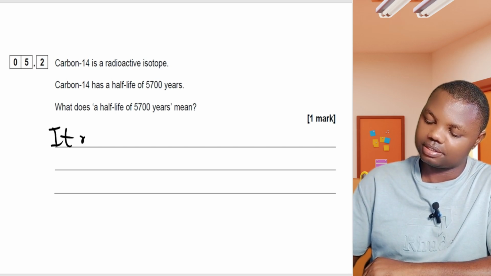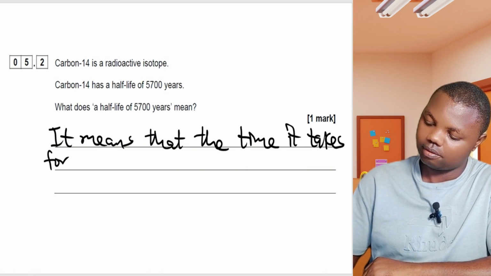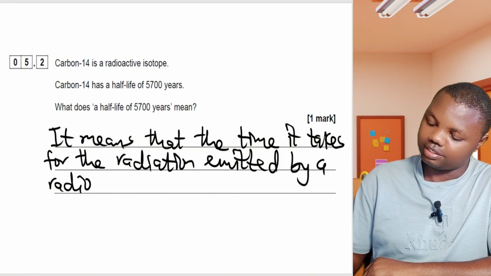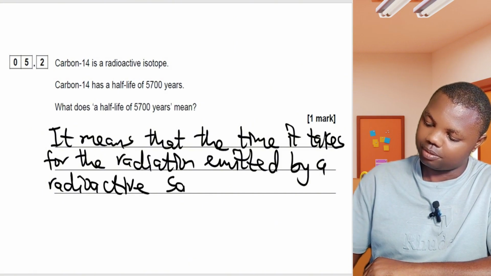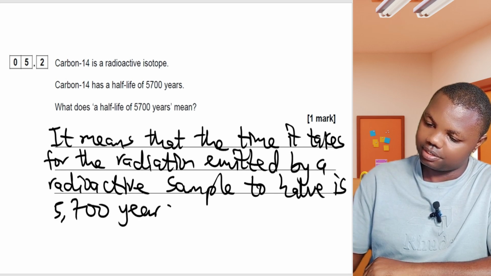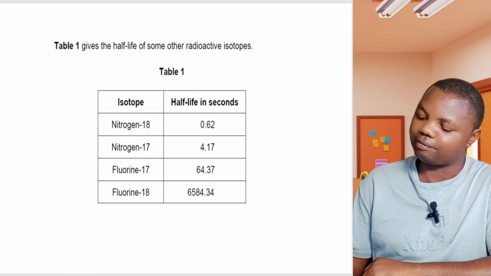It actually means that the time it takes for the radiation being emitted by a radioactive sample to become half is 5,700 years.